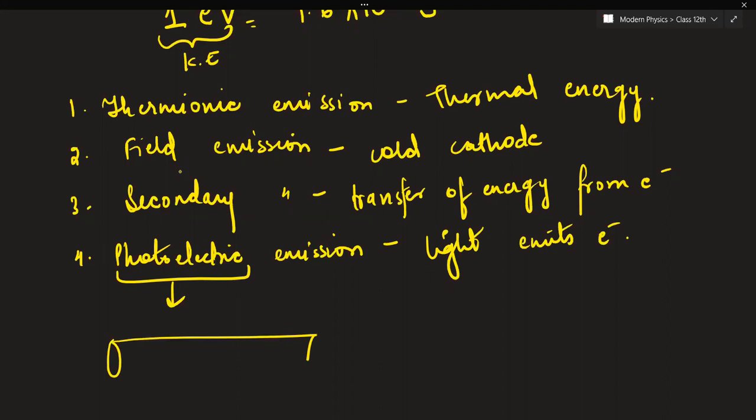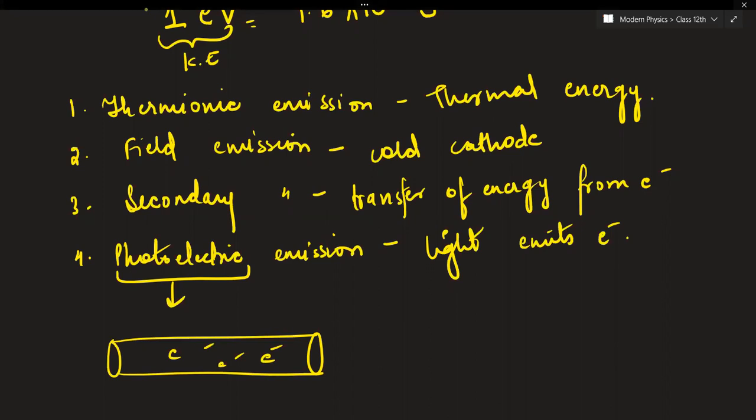In the sense, let's say this is a certain cross section of a wire. Electrons are present. These are negatively charged electrons. A certain frequency was needed for the electron to be free, and that free electron was hit by this light this way. Now this electron will come out.